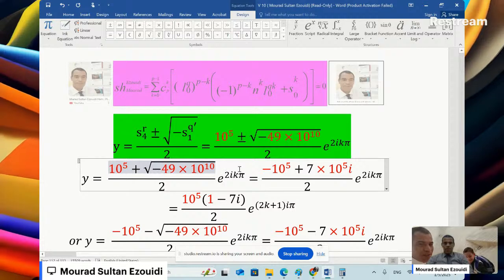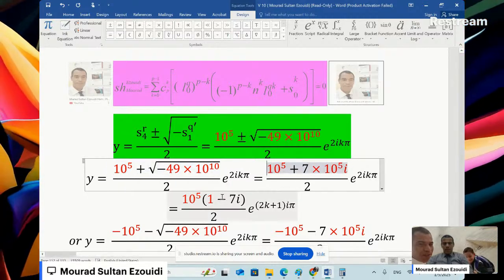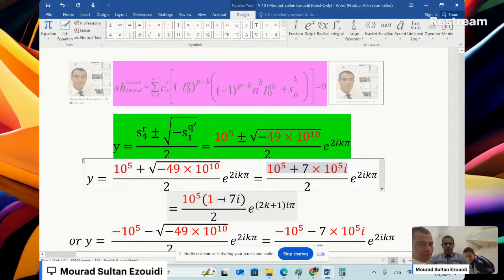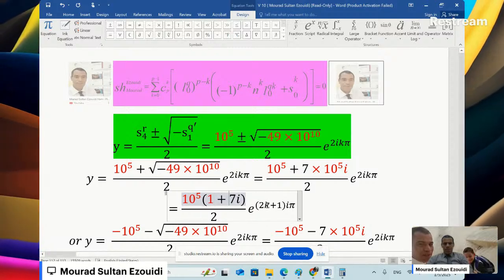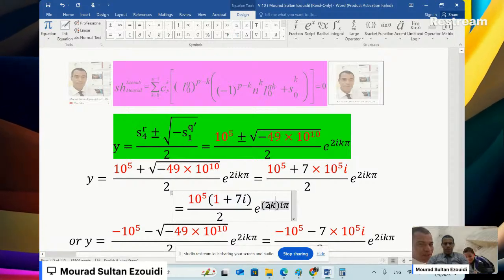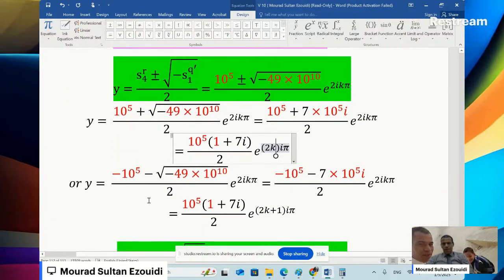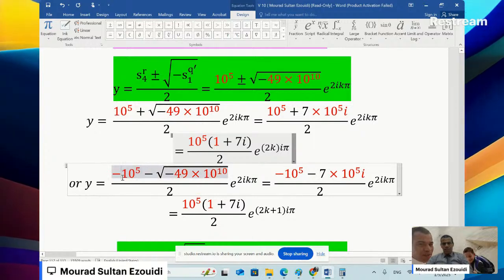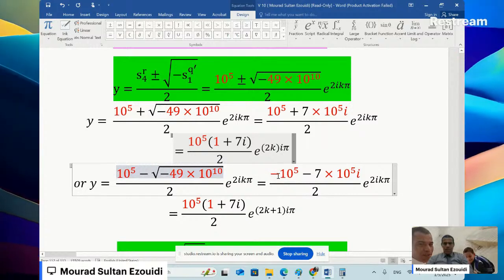Okay, this is positive, of course. Now you can see this is plus. I'll make the first plus. This one no need for this one because there's no negative sign. Okay, it will be minus.